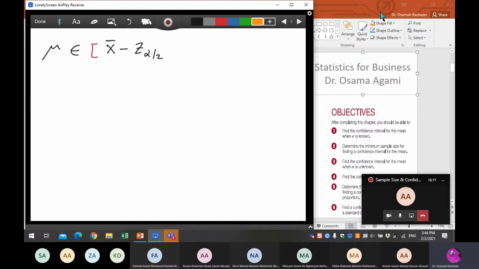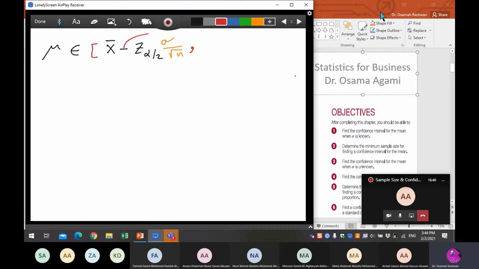Times what? Times sigma over root n. It's exactly like the standard error, if you remember this one. And what is the right hand side of the interval?